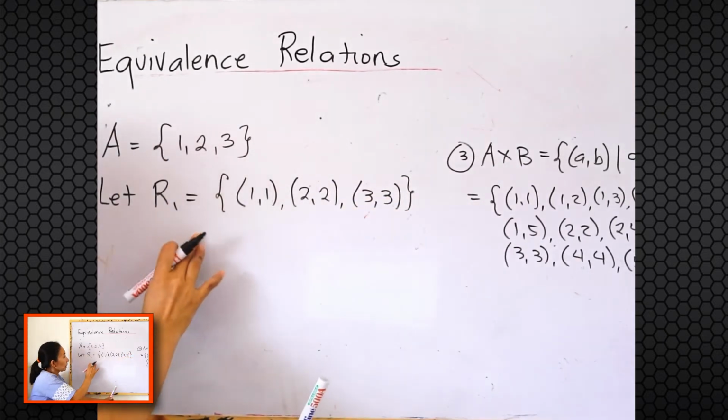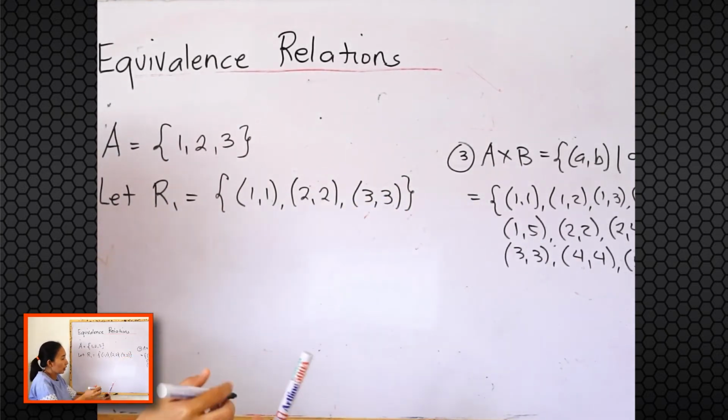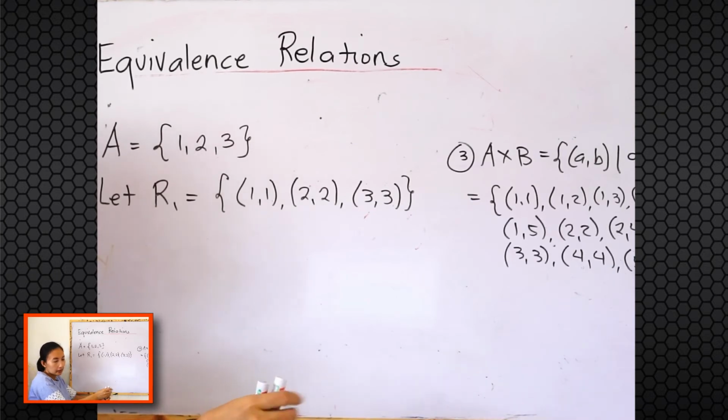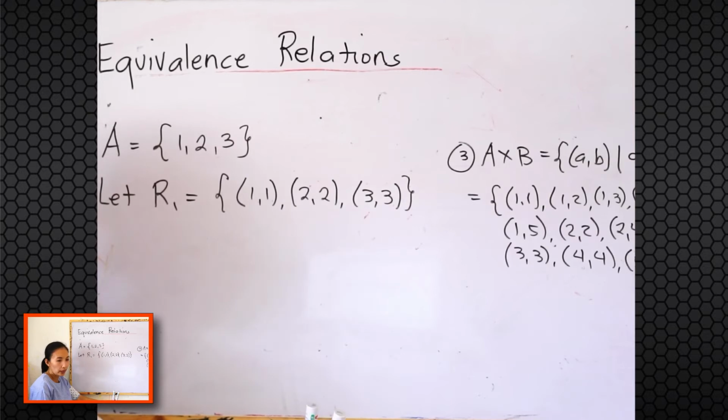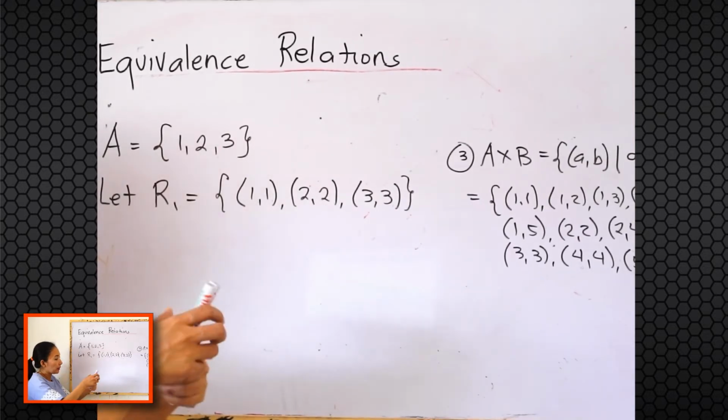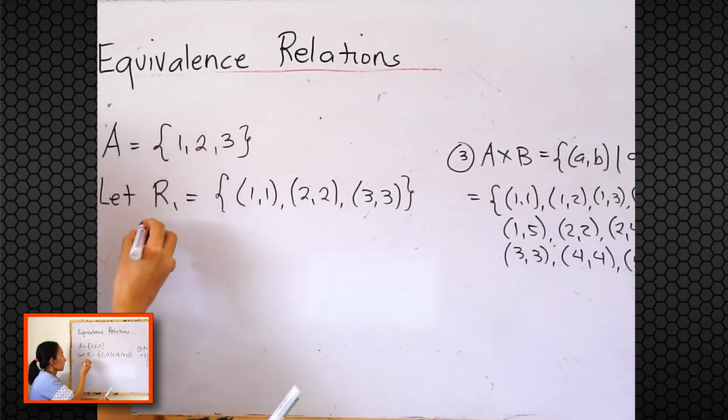So the relation on set A, which is R1, consists of the elements (1, 1), (2, 2), and (3, 3).